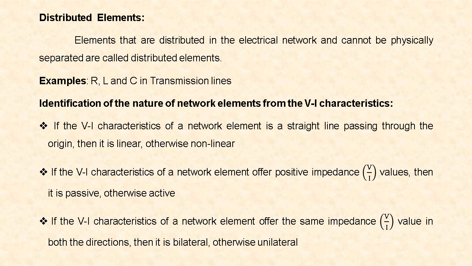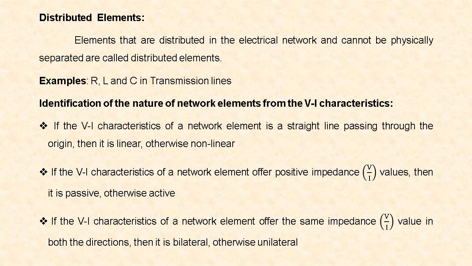Next, let us see how to identify the nature of network elements from their VI characteristics. For that, you have to remember these points. First, if the VI characteristic of a network element is a straight line passing through the origin, then it is a linear element. Otherwise, it is a non-linear element.